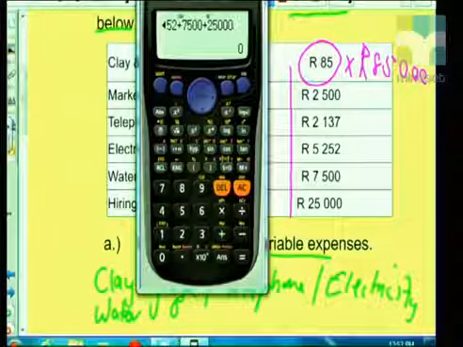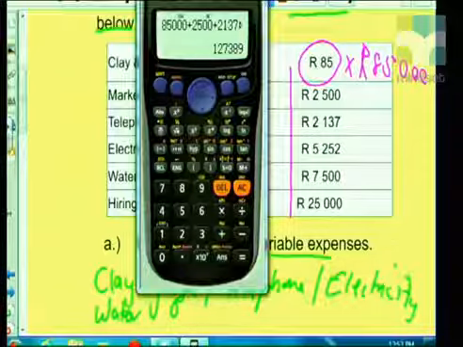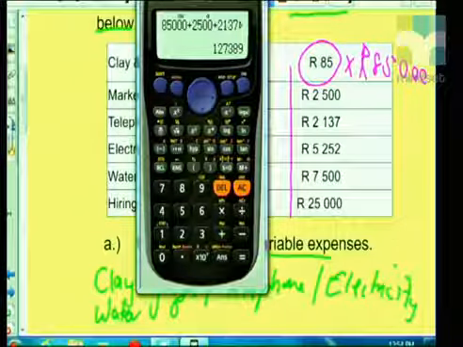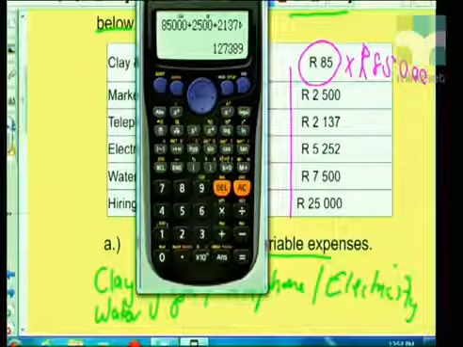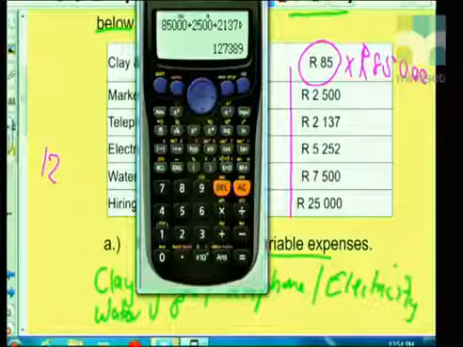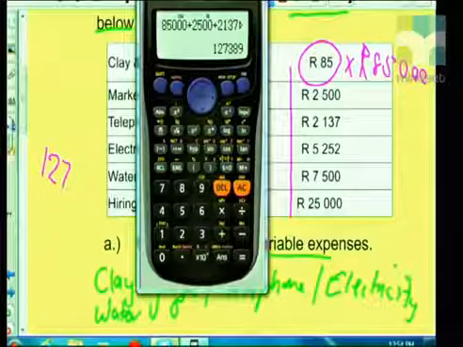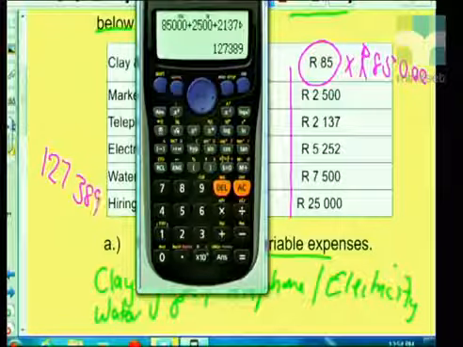And that's going to be my total cost for making 1,000 pots. What is it? It's 127,389 Rand. That's for 1,000 pots.